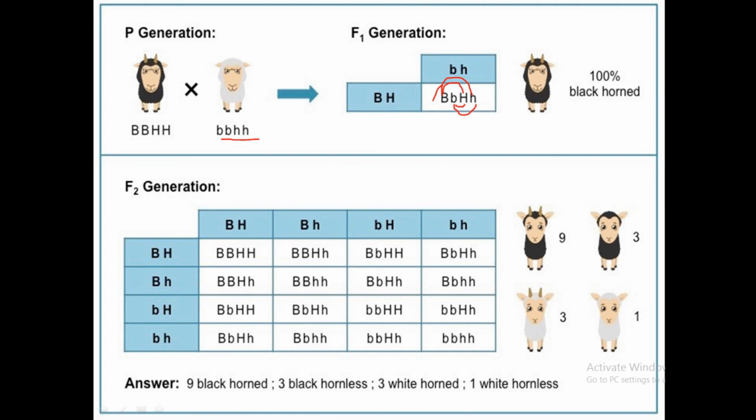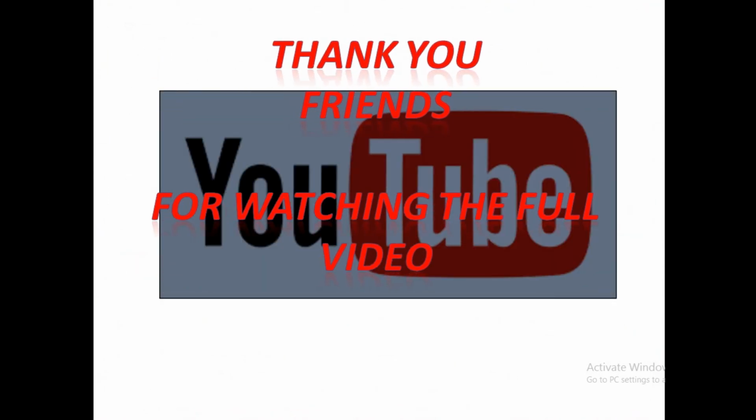So we will do the Punnett square again, multiply it, write it here, multiply it and write it here. Like this the process goes on, and we got the ratio 9 is to 3 is to 3 is to 1.